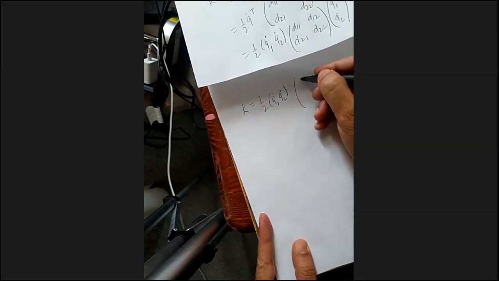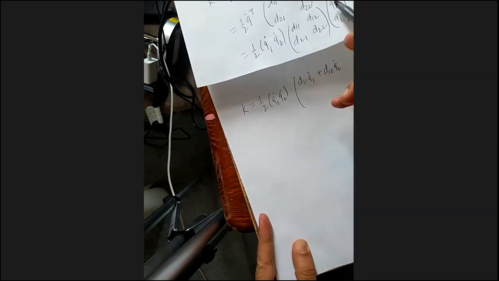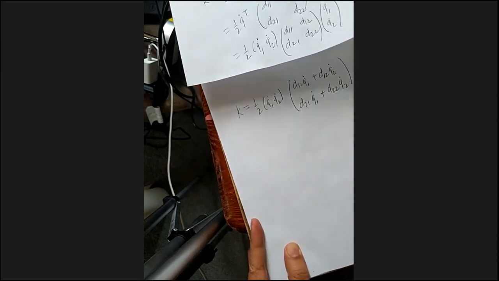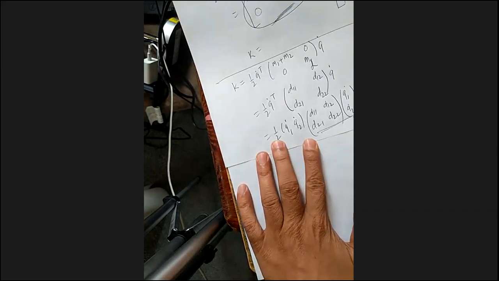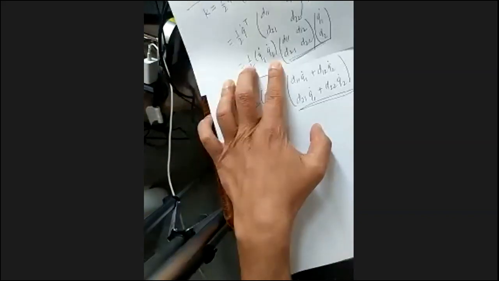You get D11 Q1 dot plus D12 Q2 dot, so the first one is done. Then D21 Q1 dot plus D22 Q2 dot. This is what I get if I multiply these two. This is just a simple matrix multiplication.